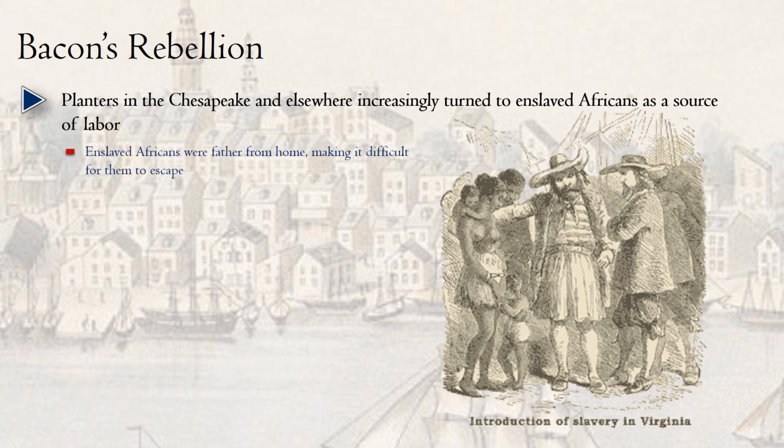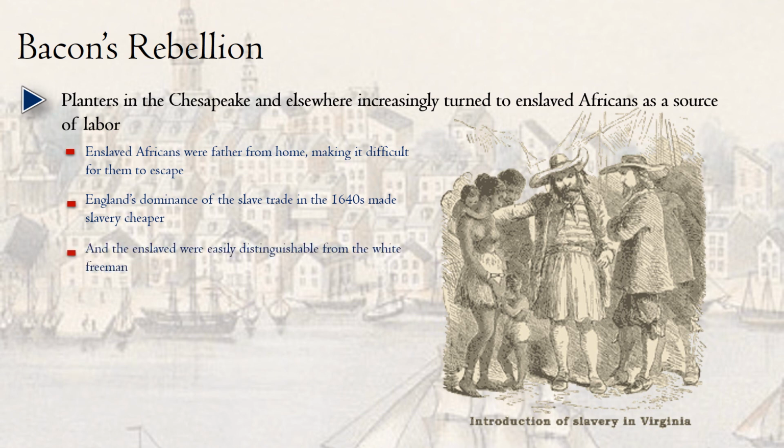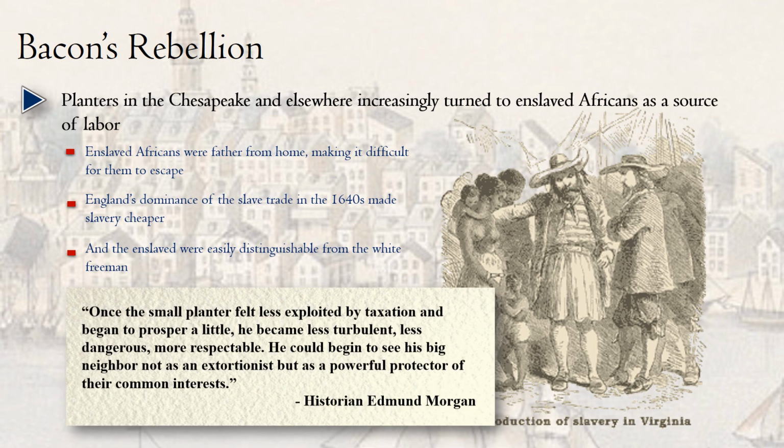Enslaved Africans are further from home, obviously. It's going to make it difficult for them to escape. England's dominance of the slave trade in the 1640s and then in the 1670s is going to make slavery cheaper. Also, the enslaved were easily distinguishable from the white freemen.